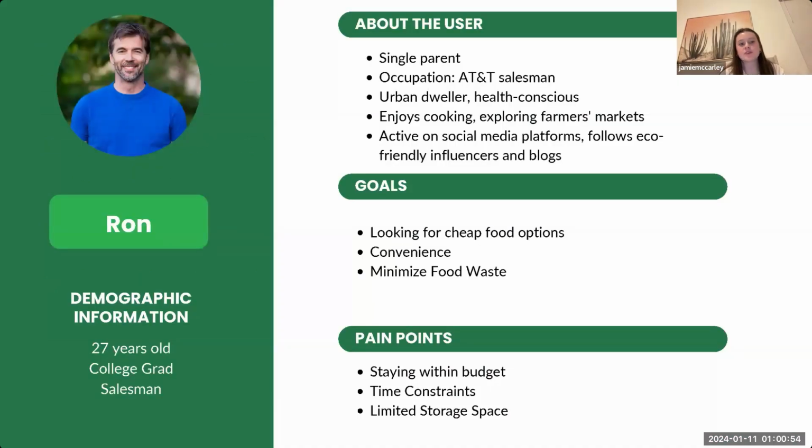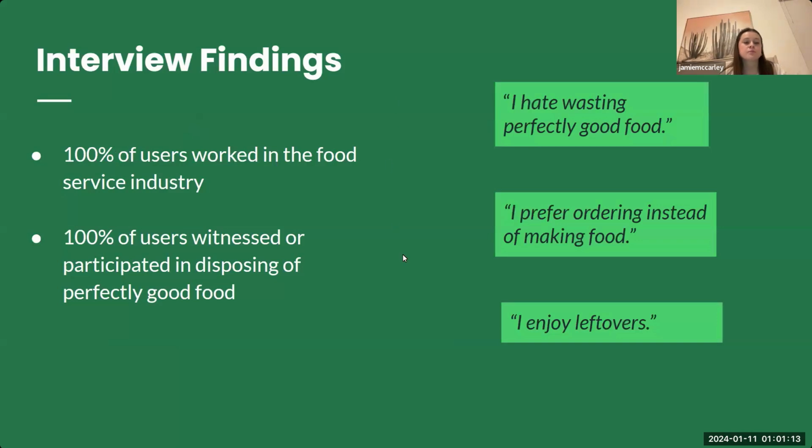Then we created a proto persona of what we thought our ideal user would look like. This is Ron. He's a salesman. He's very eco-conscious, but he's also looking for cheap food options that are also convenient and minimize food waste. After our interviews, we found that 100% of our users worked in the food service industry and 100% of our users witnessed or participated in disposing of perfectly good food.